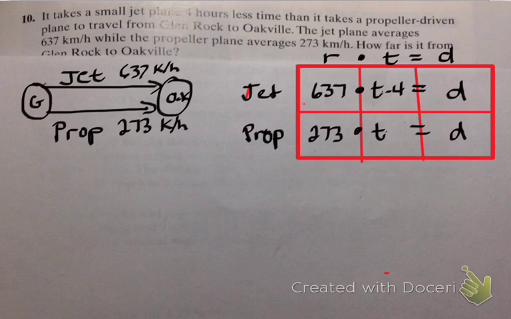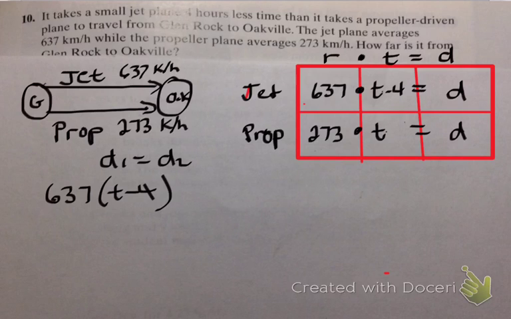All right, so now I've really kind of got my 2 equations. I can just do D1 equals D2, right? 637 times T minus 4 equals 273T.